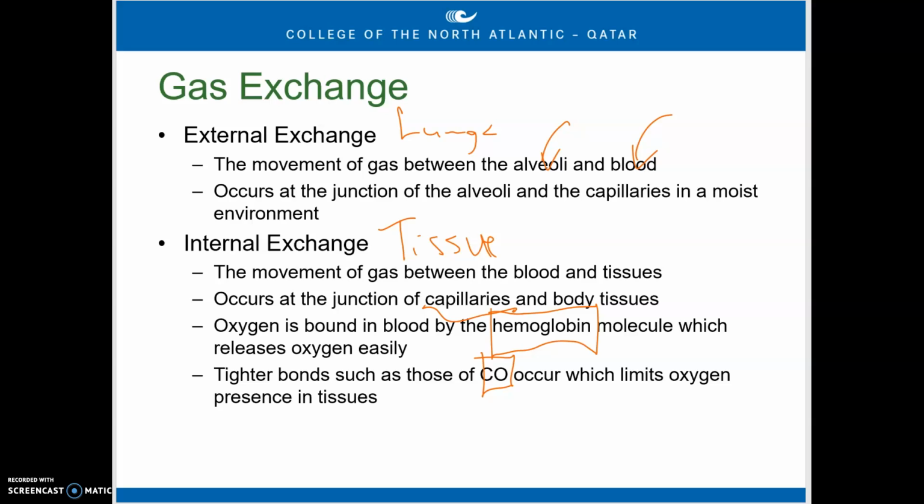So if all of your molecules of hemoglobin are bound up with carbon monoxide, it prevents you from exchanging oxygen. As a result, you basically can't get oxygen to your tissues, you can't carry out metabolism, and that can be absolutely fatal. It can kill you by carbon monoxide poisoning.